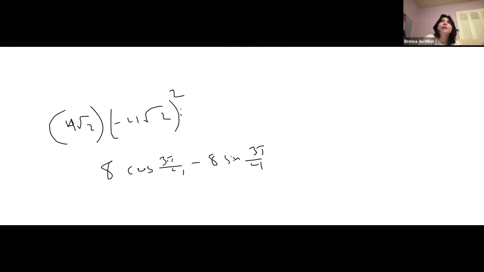Oh, and then there was the one where you had to find the roots, where I just used De Moivre's theorem. I think it was okay. I think it was just that I didn't know how to conjugate a polar form.